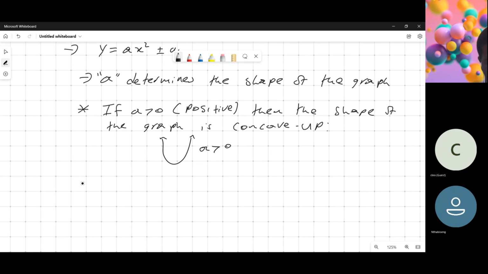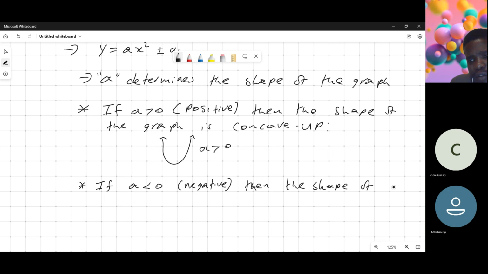And if a is negative, less than 0, then the shape of the graph is concave down.